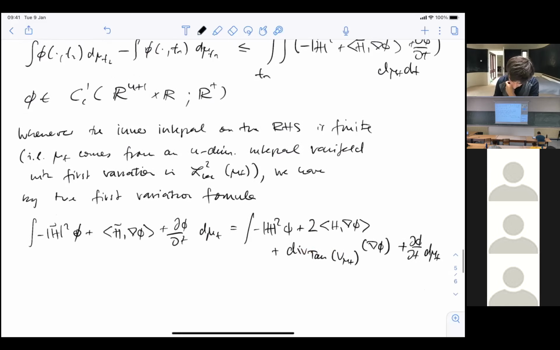Okay. Now this allows us to start completing a square.